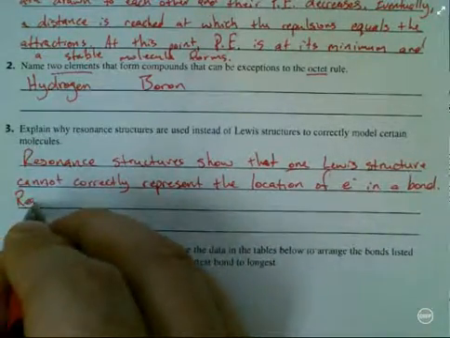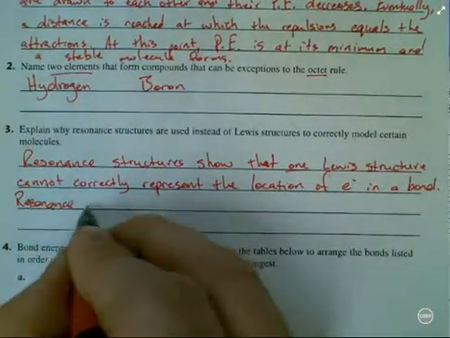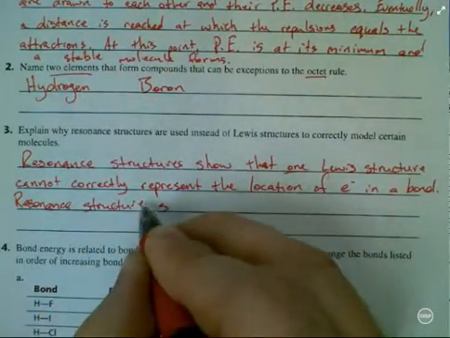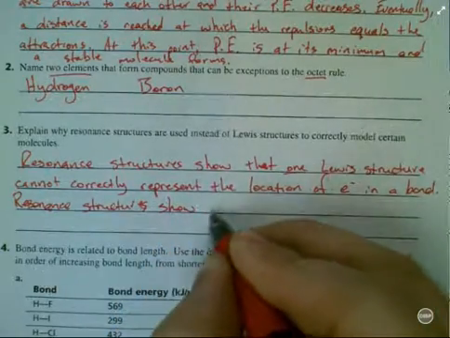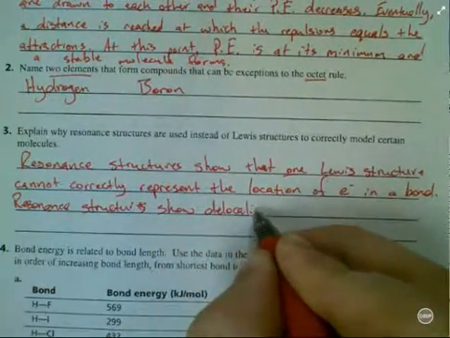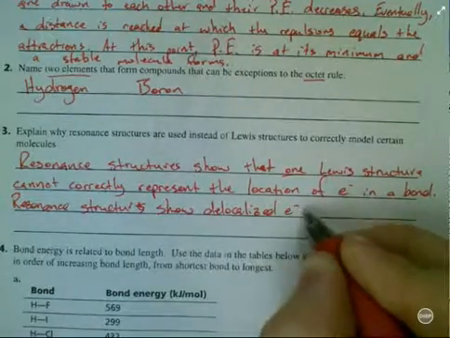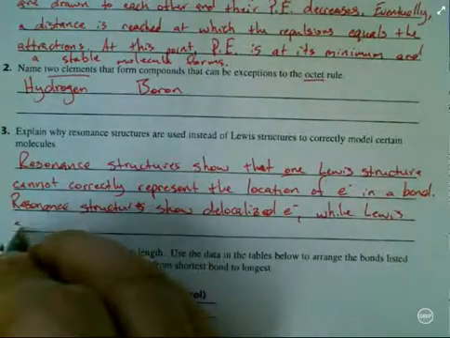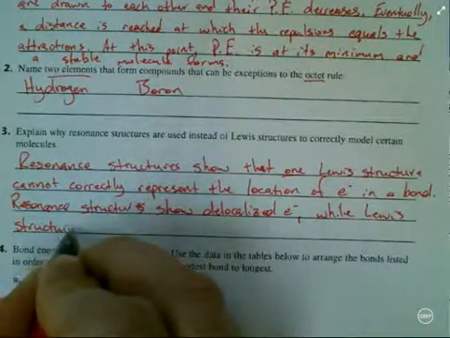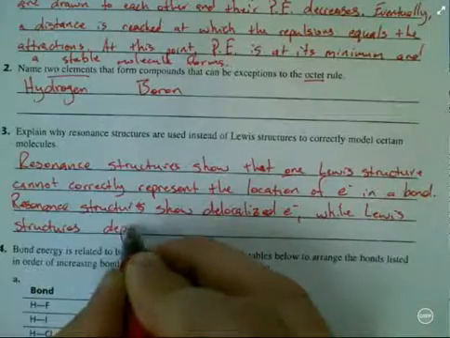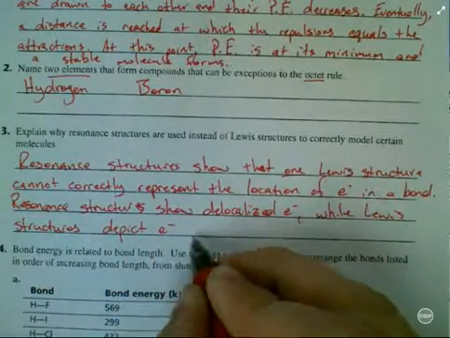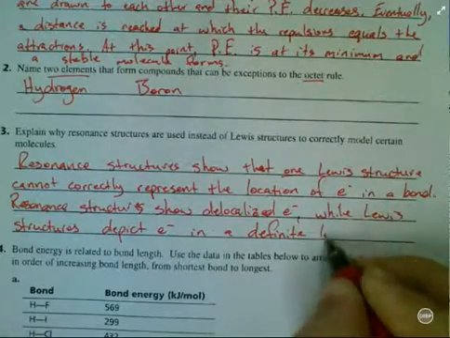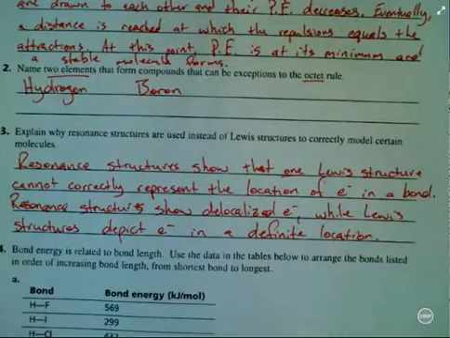So what resonance structures do for us is that they show delocalized electrons, while Lewis structures depict electrons in a definite location. Okay? And that's the real difference.